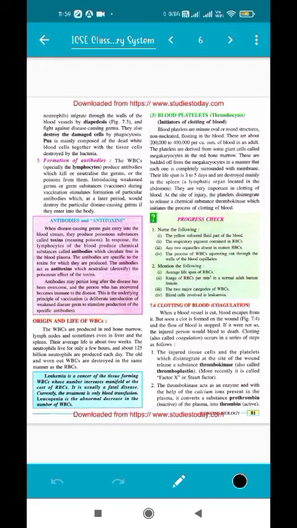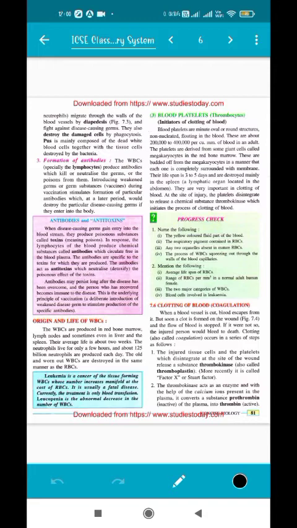So we will learn about antibodies and antitoxins now. What are the differences between these two commonly mistaken terms? As I told you, antibodies are produced by the white blood cells, and they are helpful in killing the bacteria or neutralizing the poison released by those bacteria. These are chemicals, basically proteins, which circulate in our body, in the blood. And what are antitoxins?